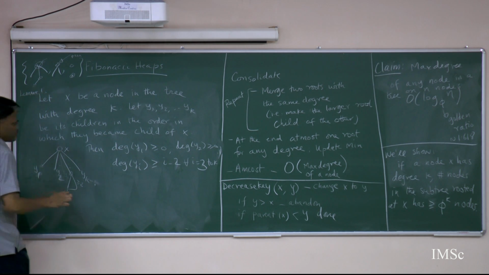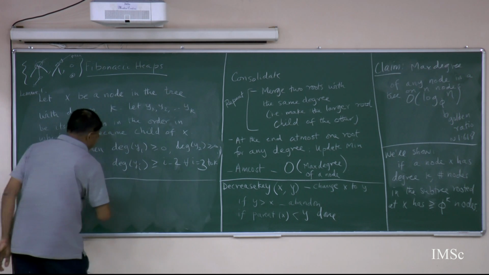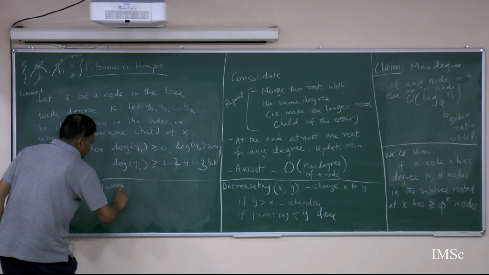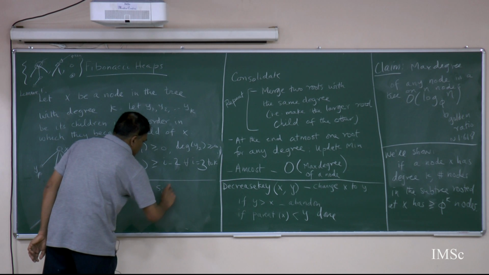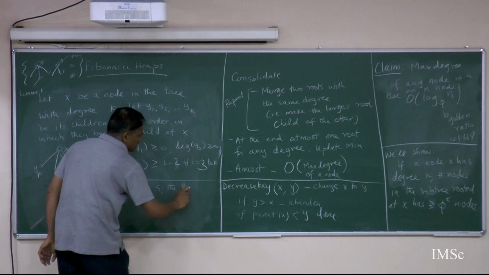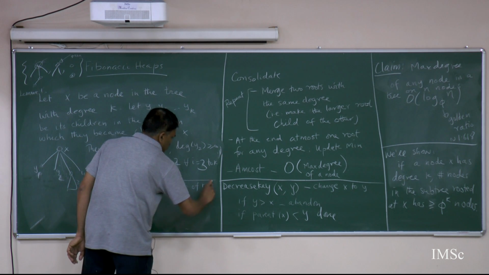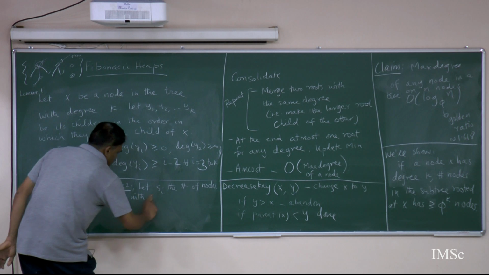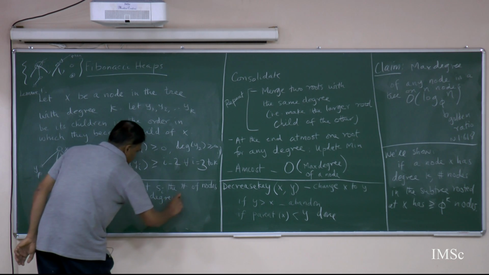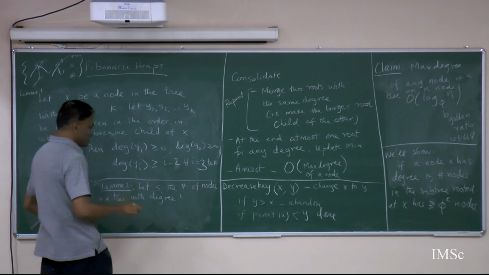The next lemma I'm going to say is: let S_i be the number of nodes in a tree with degree i. The tree has degree i, meaning the root has degree i.